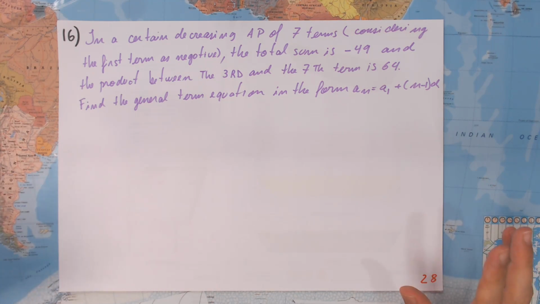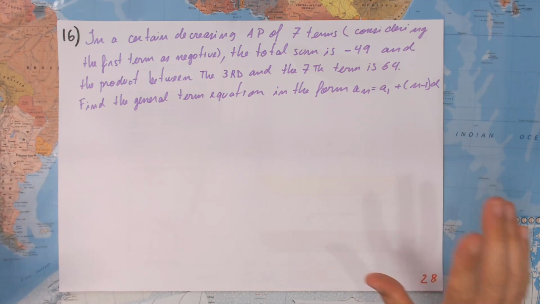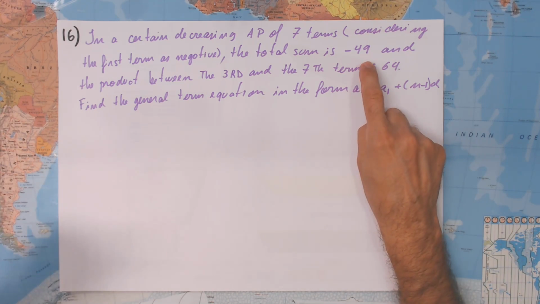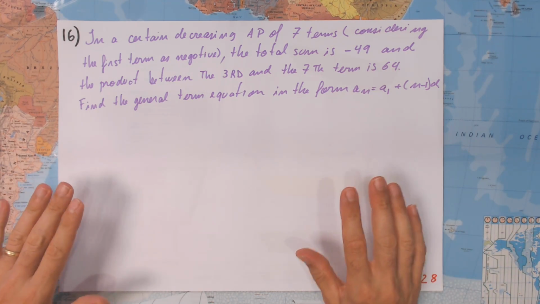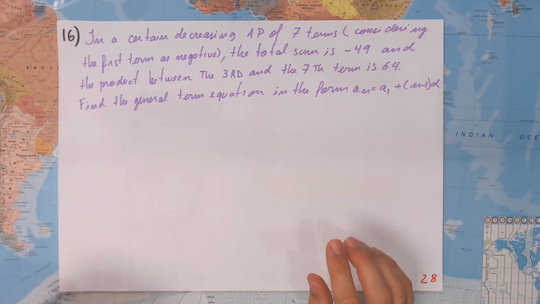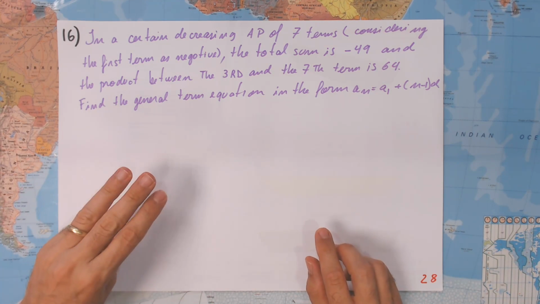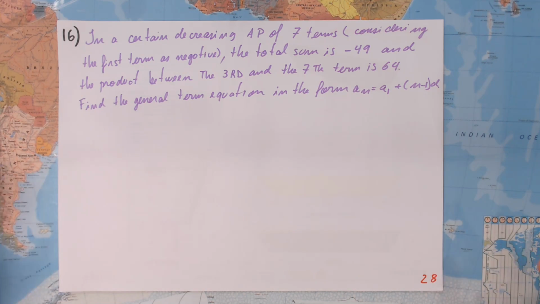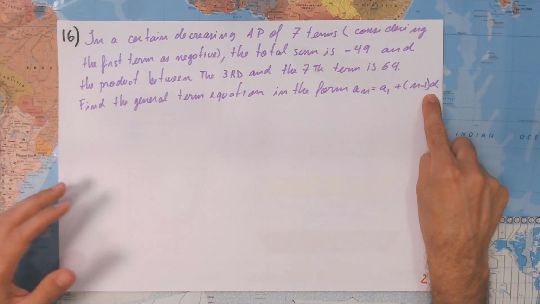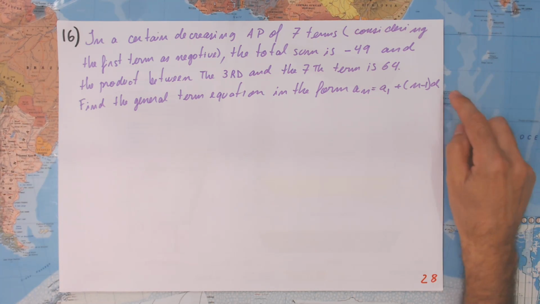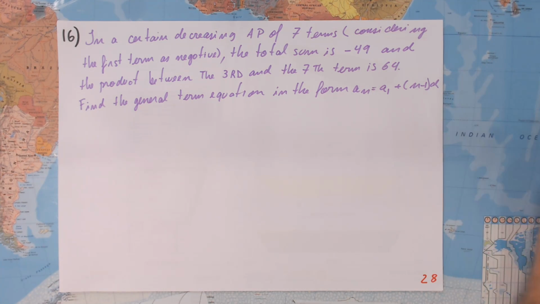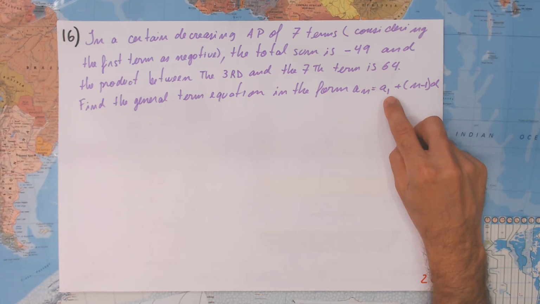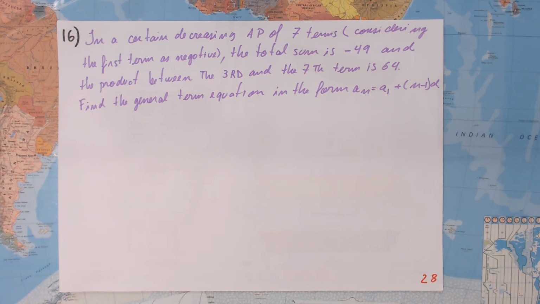I'm giving you that the total sum is minus 49, and also that the product between the third and the 7th term is 64. And for that I want you to find everything, because you have to find the common difference, you're going to have to find the first term, and so on. So just do it, everything.